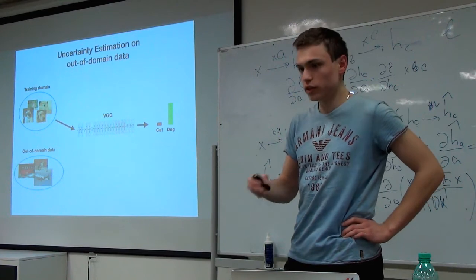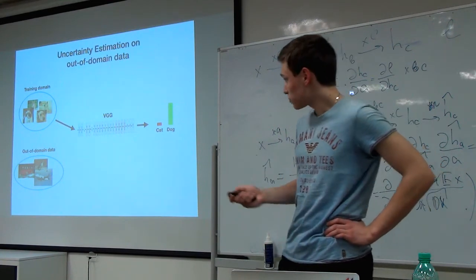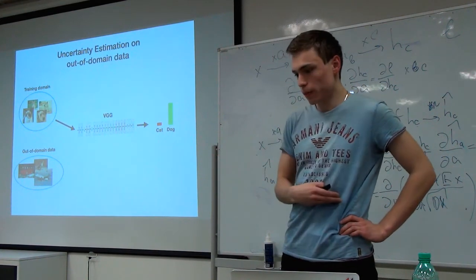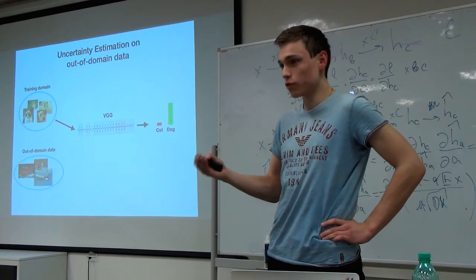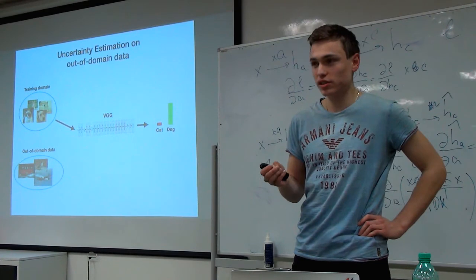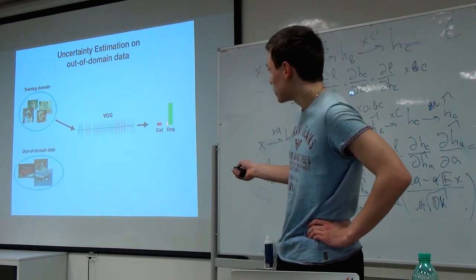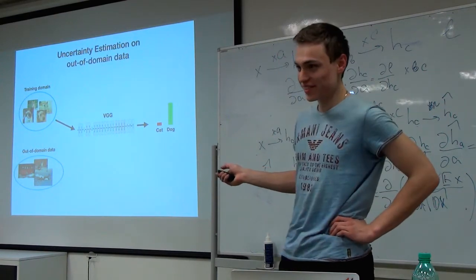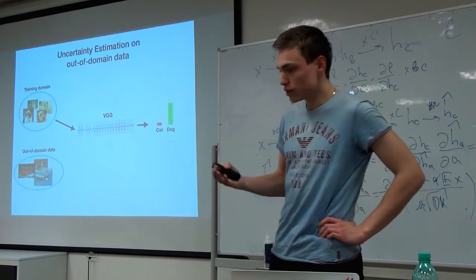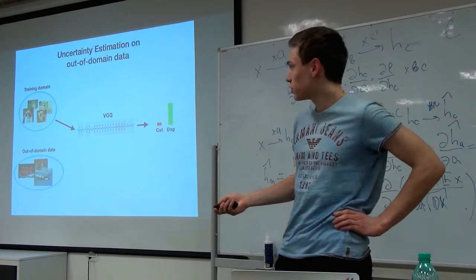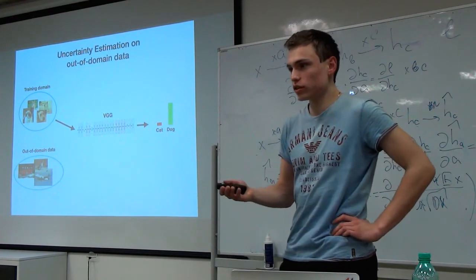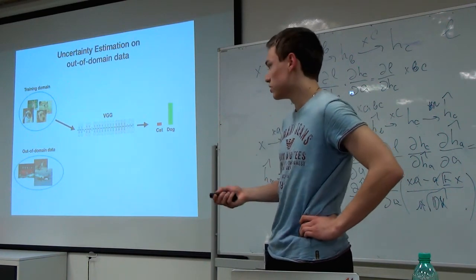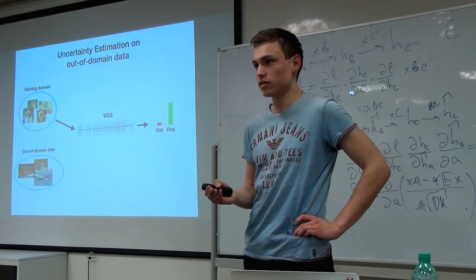What do you mean by uncertainty estimation? What does it actually mean? We want our network to be unconfident in its predictions. Here we can see that the neural network is very confident that some picture is a dog. And when we feed, for example, the image of a car, we want the neural network to produce unconfident predictions, like a uniform distribution over the classes, with high entropy.